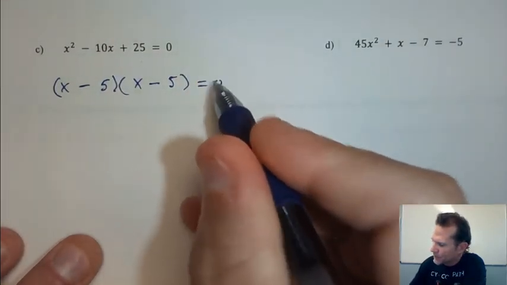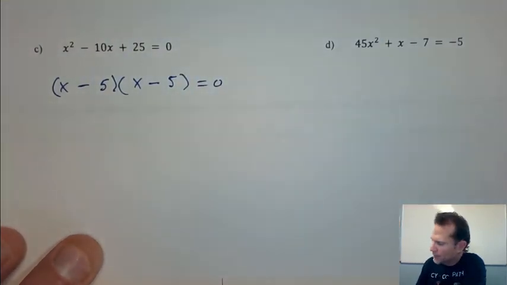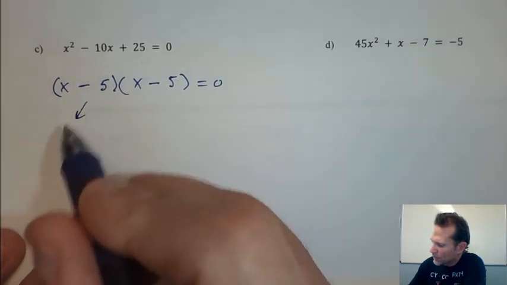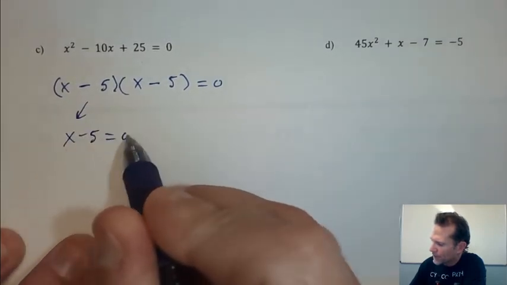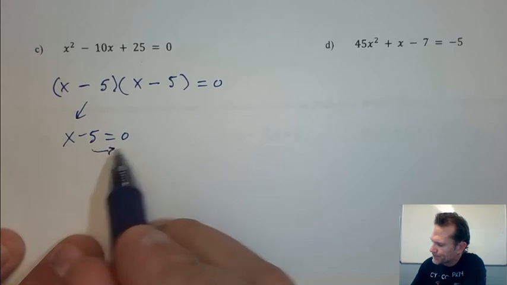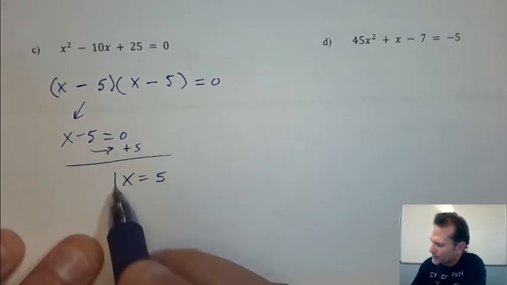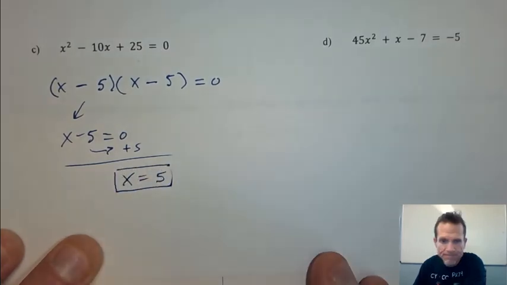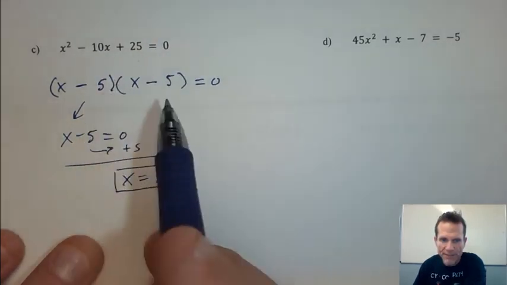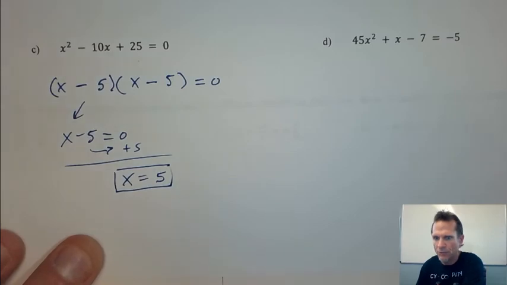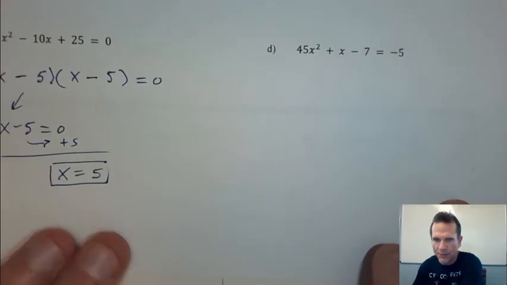Right, equals 0. And I see it's a lot like problem B, where I really only need to solve one of these. And when I do that, move that over, I get x equals 5. Okay. So if it's a match, we don't have to say x equals 5, x equals 5. We don't have to say it 2 times, okay?